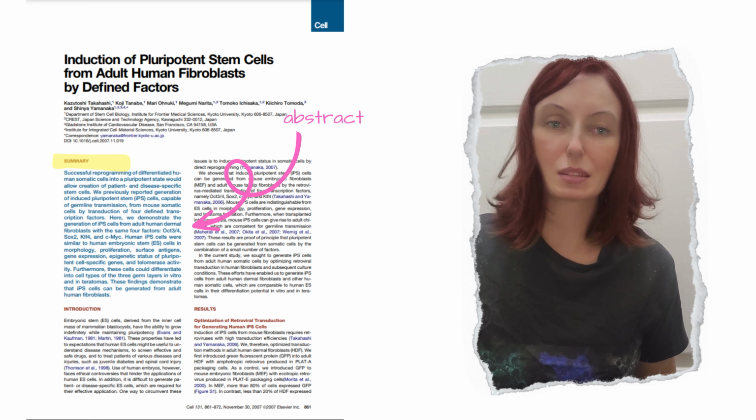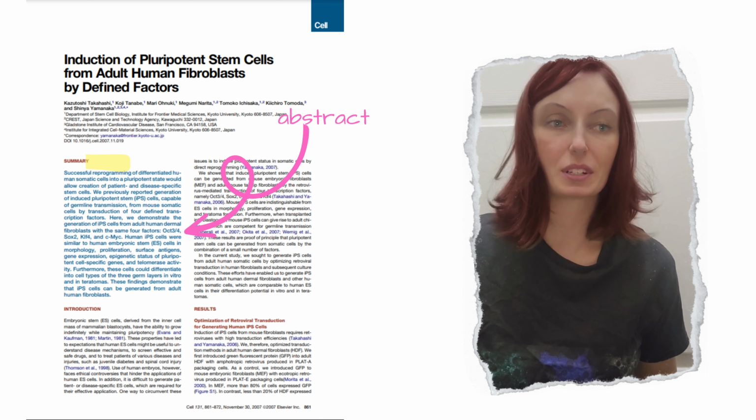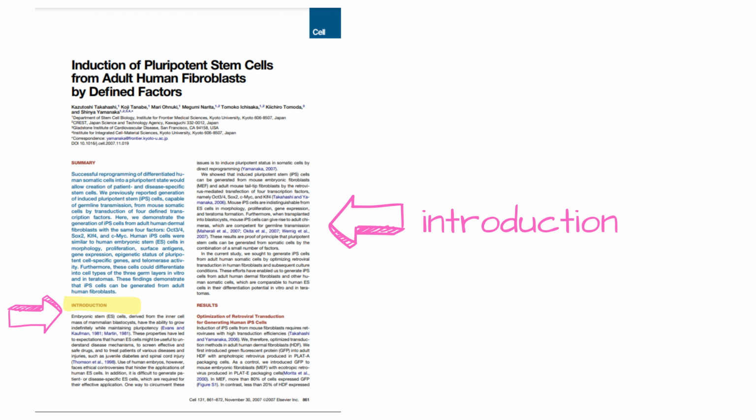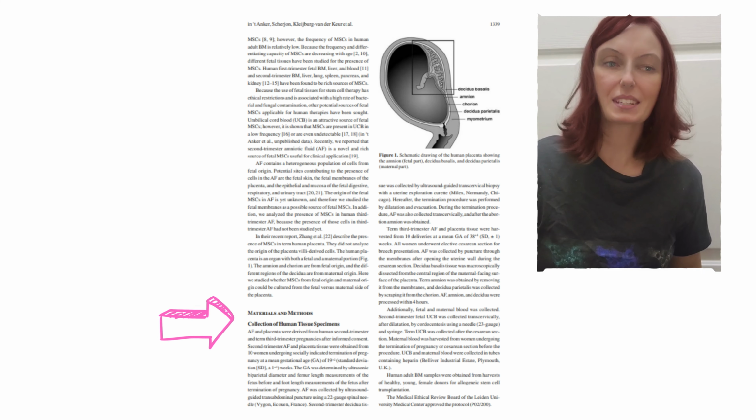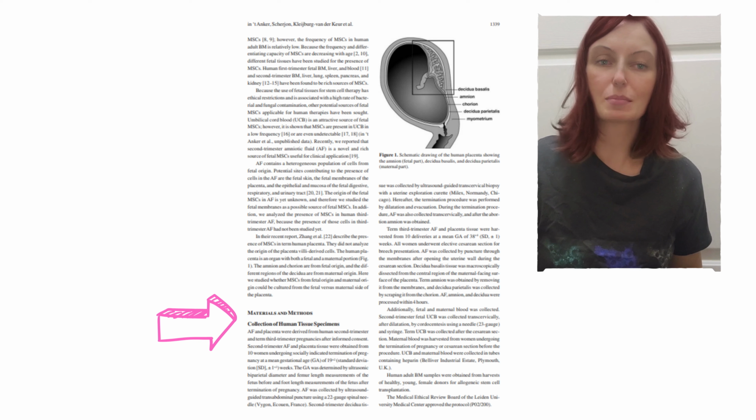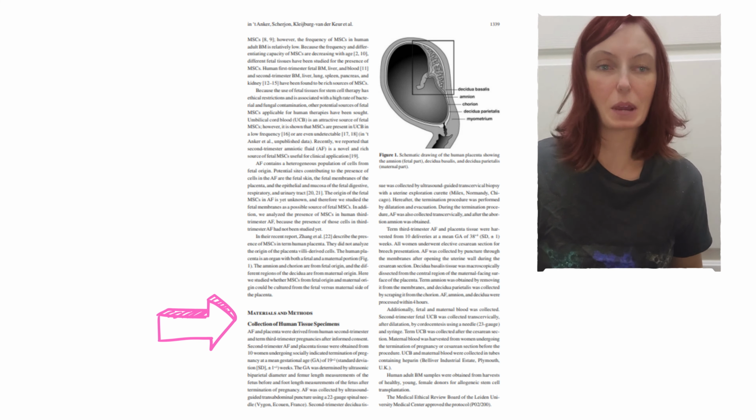The abstract is a paragraph or two at the very beginning that summarizes the whole paper. The intro starts with a few paragraphs of background info, leading to a paragraph of what the researchers did in the study. The materials and methods section often comes right after the intro, but sometimes it's located at the very end of the paper.